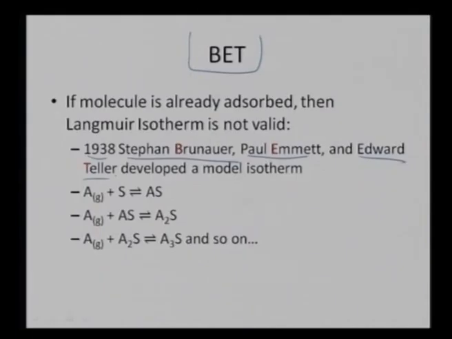As we saw in the previous case, we assumed only a single monolayer being adsorbed, but in this case we can classify it as an extension, where first we form a monolayer, then a bilayer, then a trilayer. If a molecule is already adsorbed on a surface, we cannot extend the Langmuir isotherm.